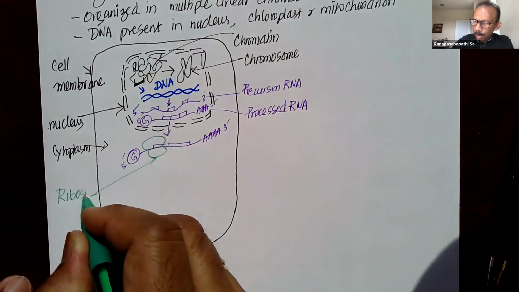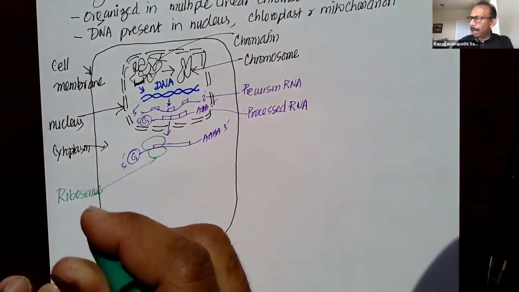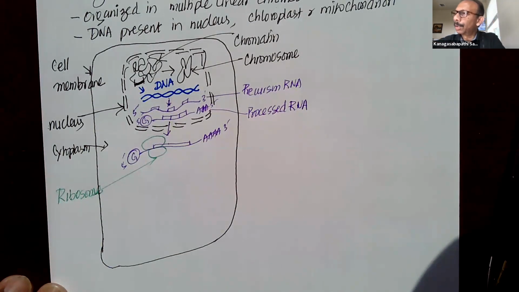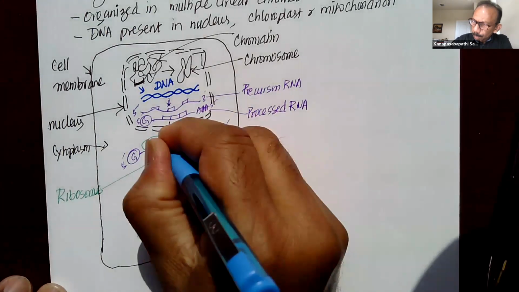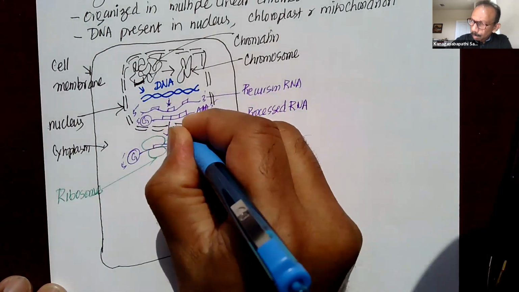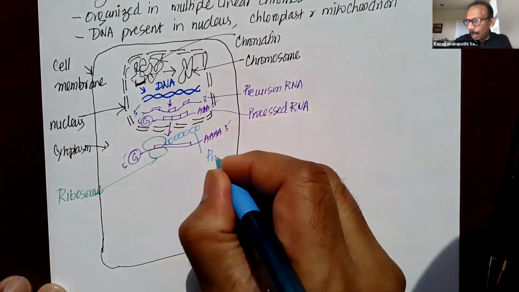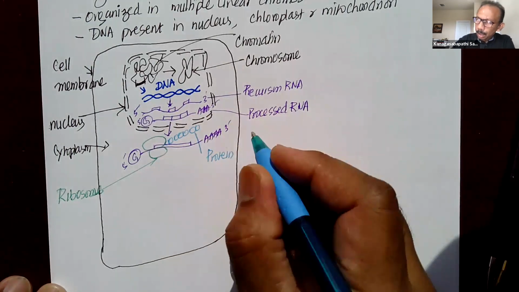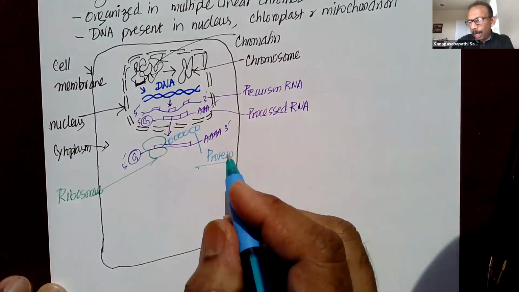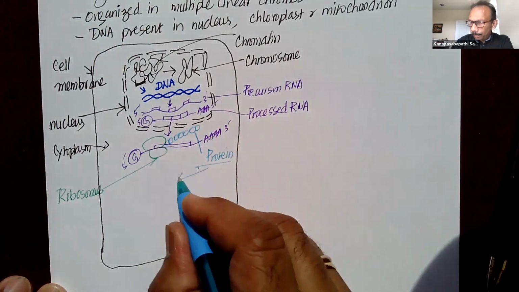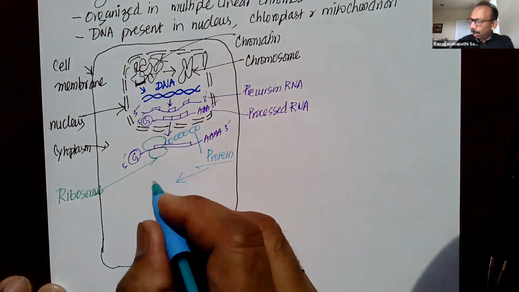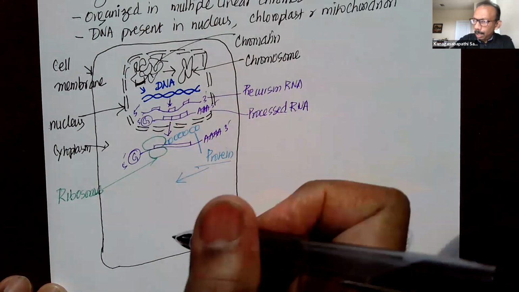They bind and start to make the protein that comes out of this. So that's the protein. And this is next, it can go into either rough endoplasmic reticulum.